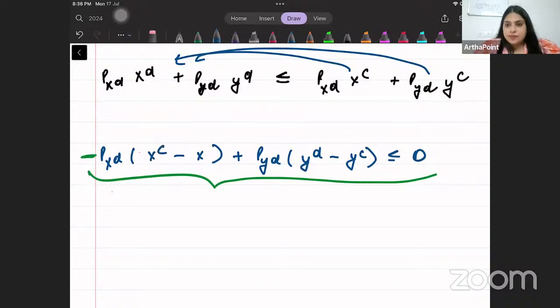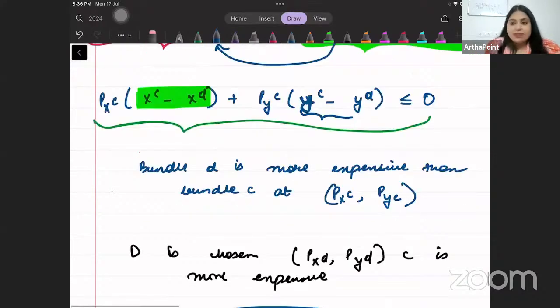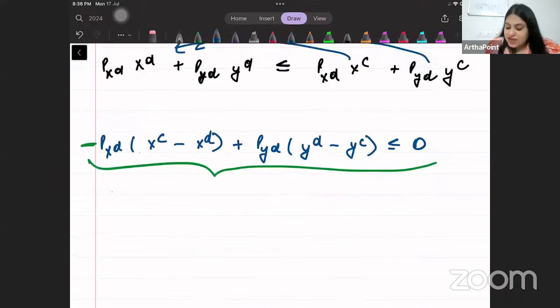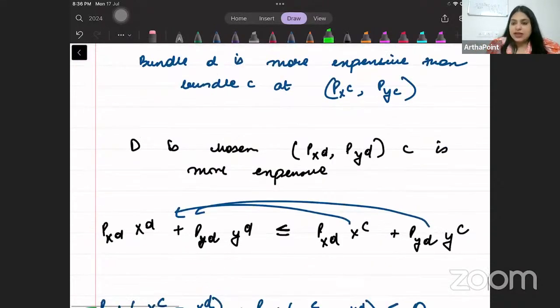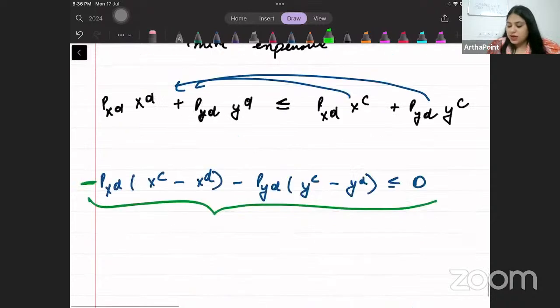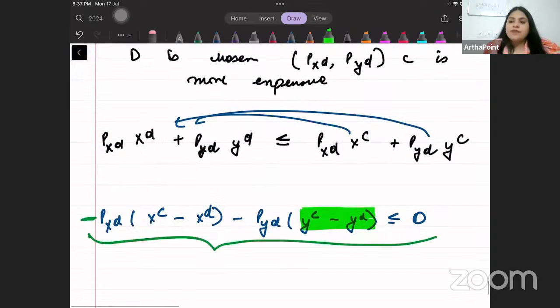Right? Here YC minus YD is coming. If YD minus YC is coming here, then if I take the negative sign out, this will also be YC minus YD. Which means that this part in both equations is the same: YC minus YD, YC minus YD, XC minus XD, XC minus XD.